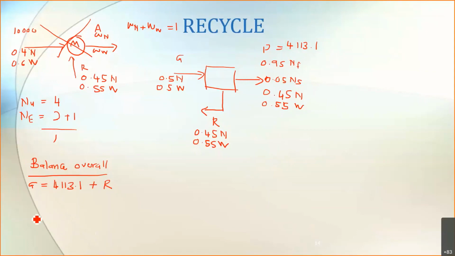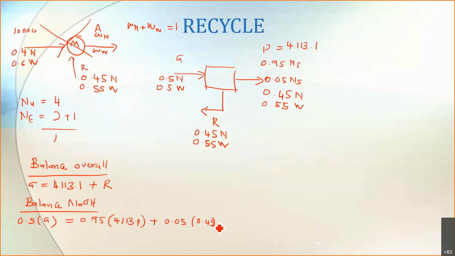So let's say I do a balance on NaOH. On my input side I have 0.5 NaOH, and the flow rate is G, equal to, on my output side, 0.95 NaOH, which is in the solid form, times the value of P, which is 4113.1, plus I still have NaOH in the 0.05 solution, so 0.05 times 0.45 times my value of P, 4113.1.